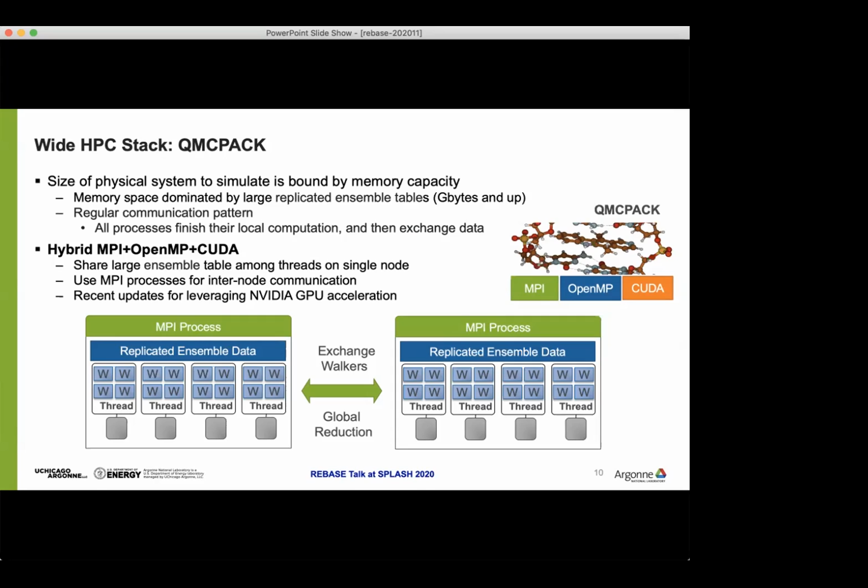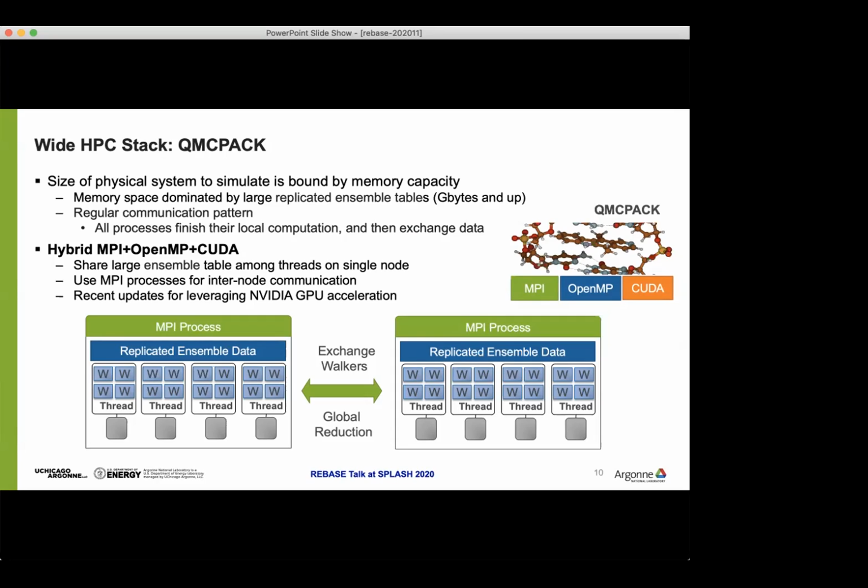And of course it depends on the input, the material properties. But if each process needs to handle such huge replicated data, it's basically impractical to run on most HPC systems. So the QMCPACK team decided to do a hybrid approach to parallelize the code.